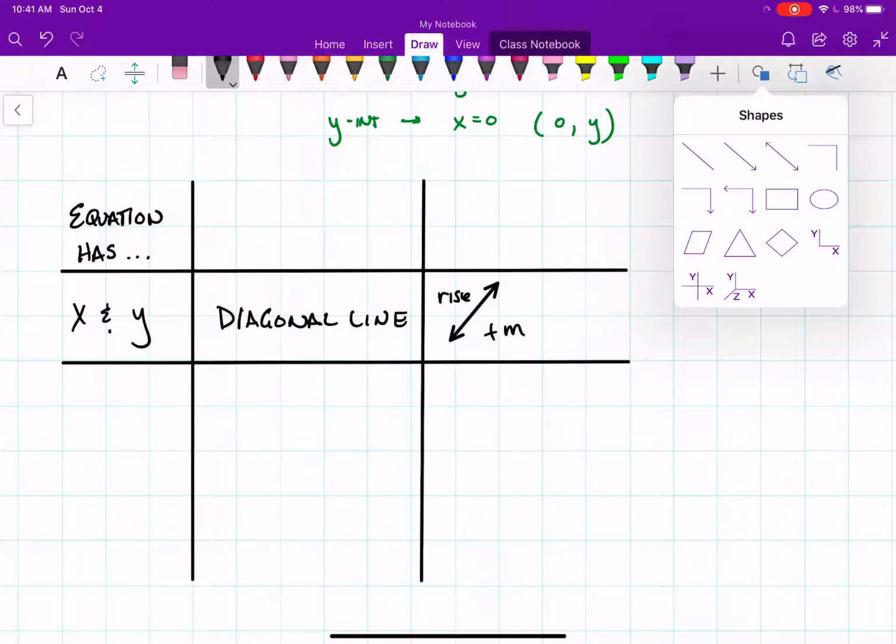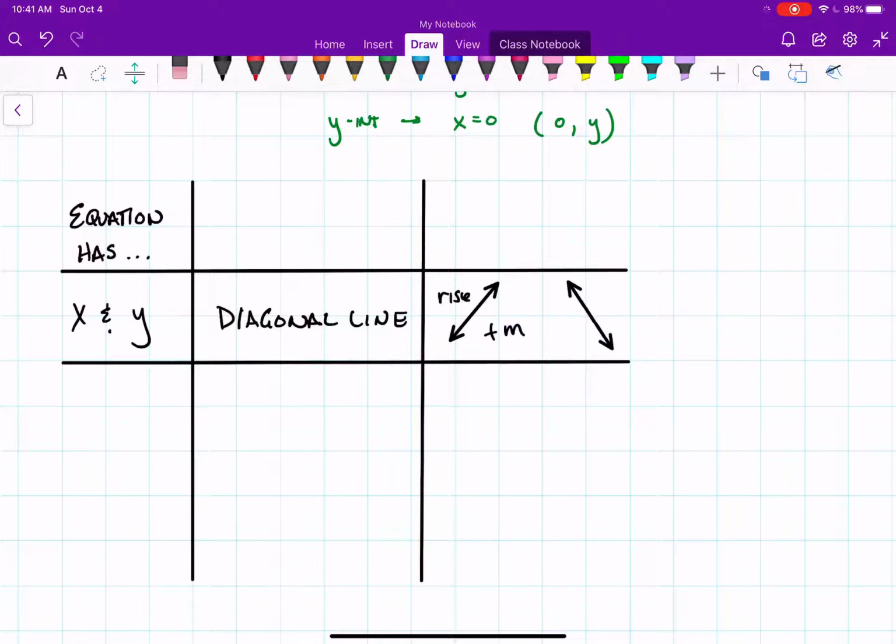However, going from left to right, if it falls, then we're going to have a negative slope.